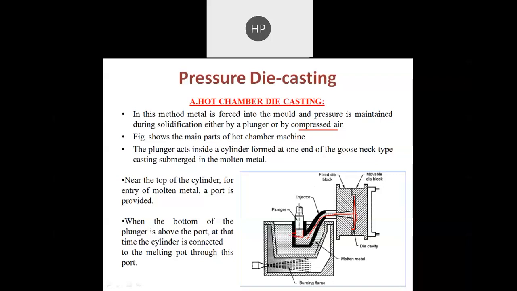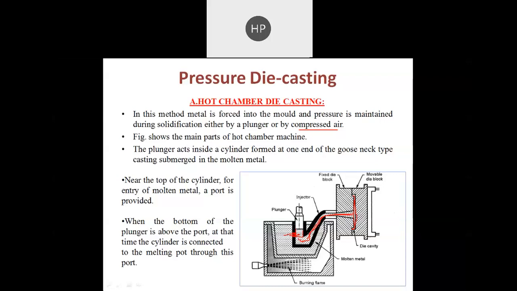As the plunger moves up, the molten metal will flow inside this cylinder, and as the plunger moves down, this opening will be closed by the plunger, and whatever molten metal is here will be forced to go inside the hollow cavity.